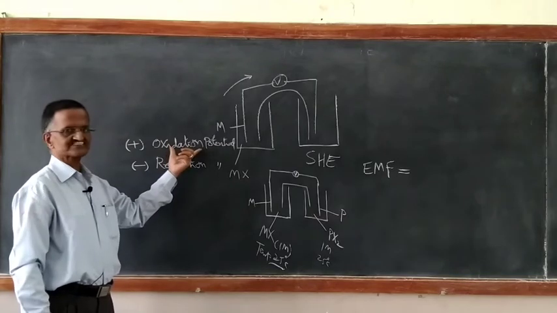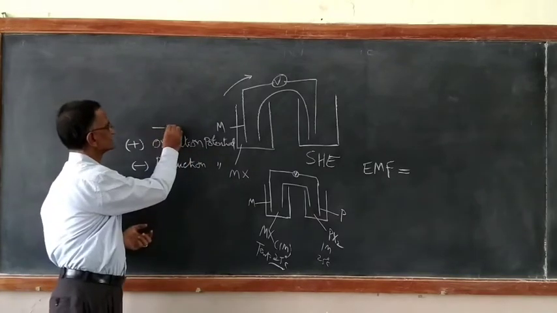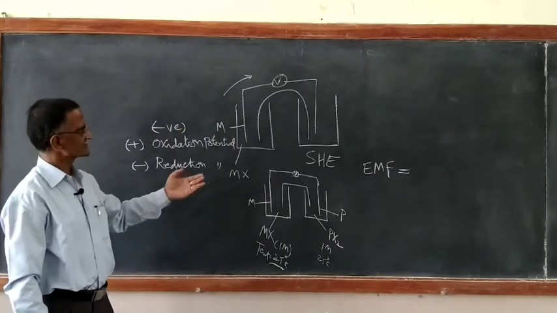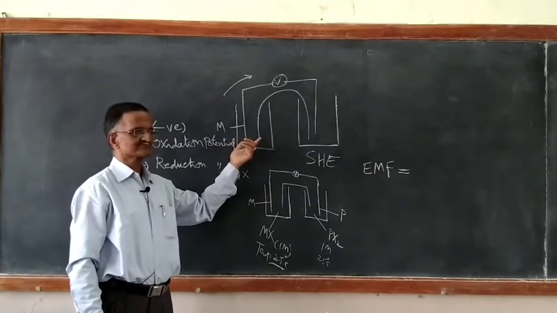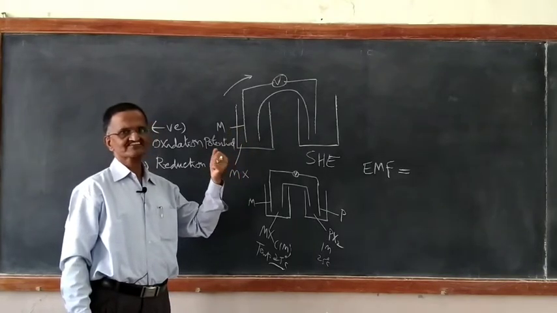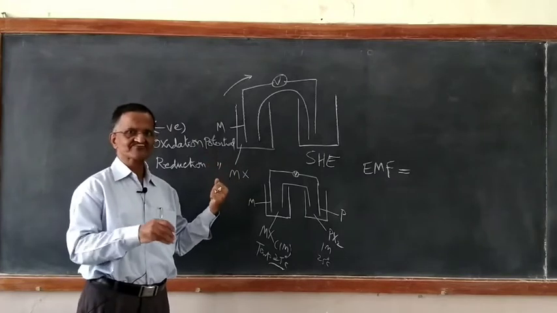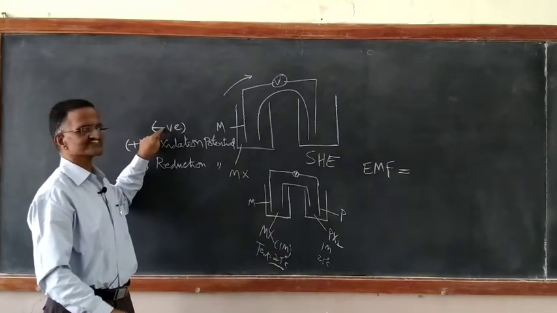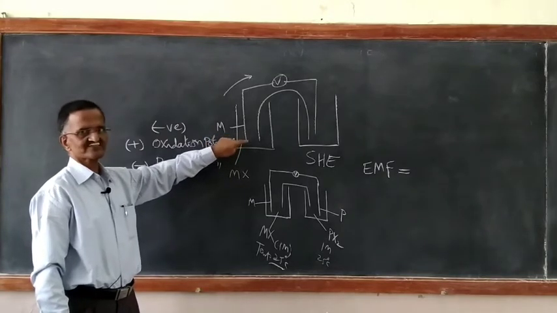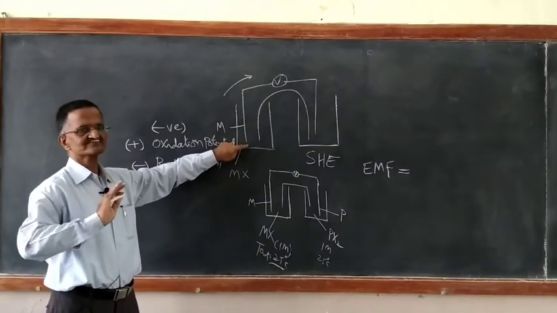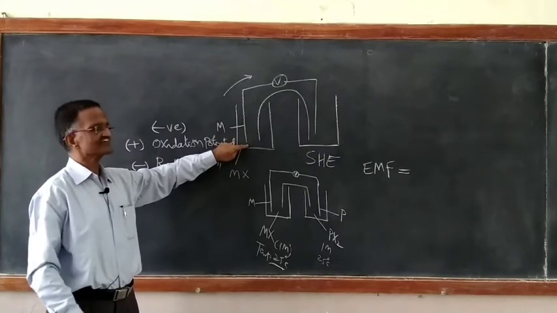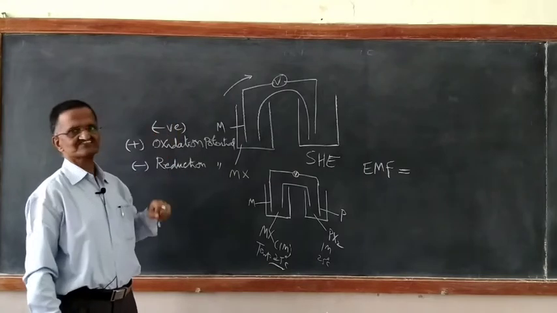The value is the same, but in negative terms. That means it is ready to undergo oxidation, but if you want reduction to take place, the ability to undergo reduction has the same value with the opposite sign.